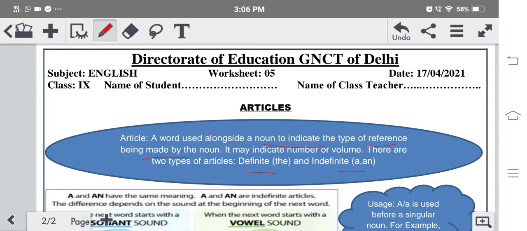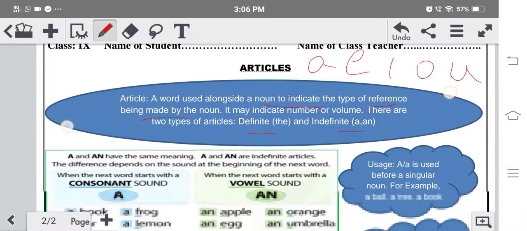An is used with vowels, and you all know there are 5 vowels in the English language, and they are a, e, i, o, u. So these are 5 vowels, and the rest of the 21 alphabets are consonants. So total alphabets in the English language are 26. We all know that. So let us move on.